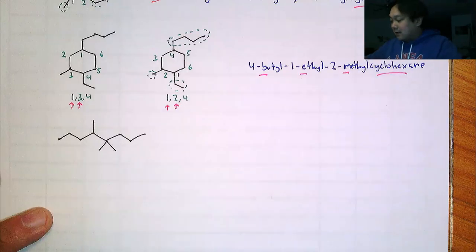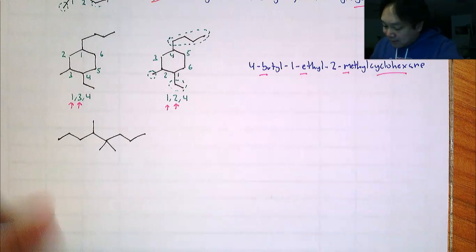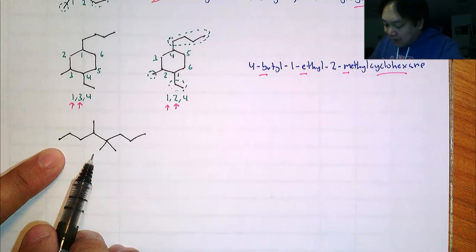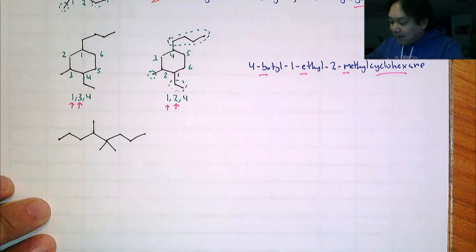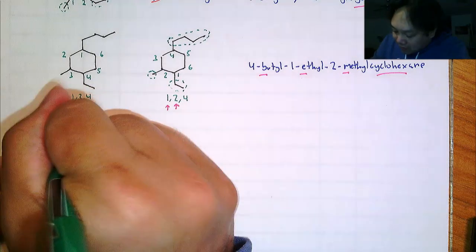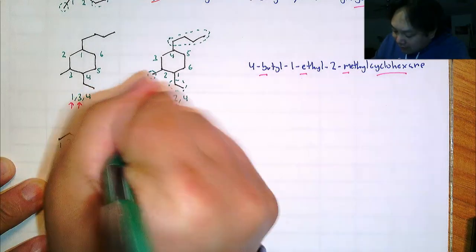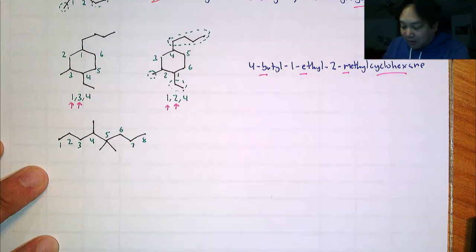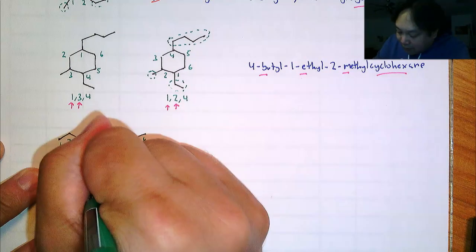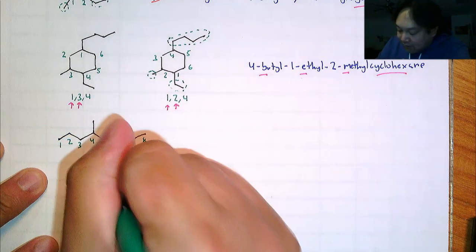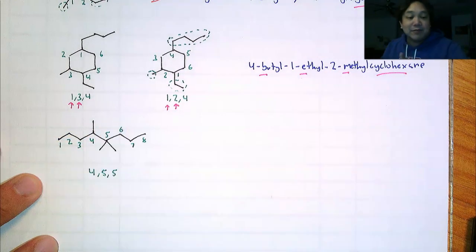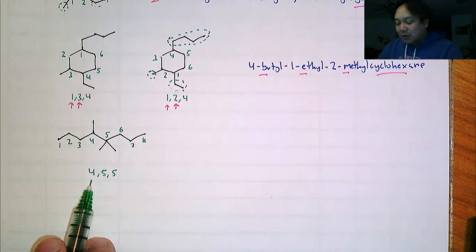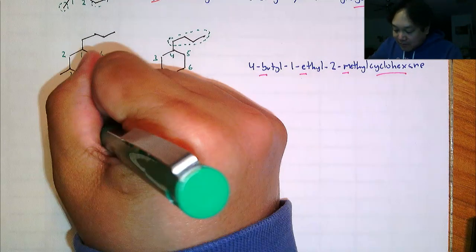Last example. If I number it 1, 2, 3, 4, 5, 6, 7, 8, my substituents are where? 4, 5, and 5. We have 3 substituents, so you would want to see 3 numbers.